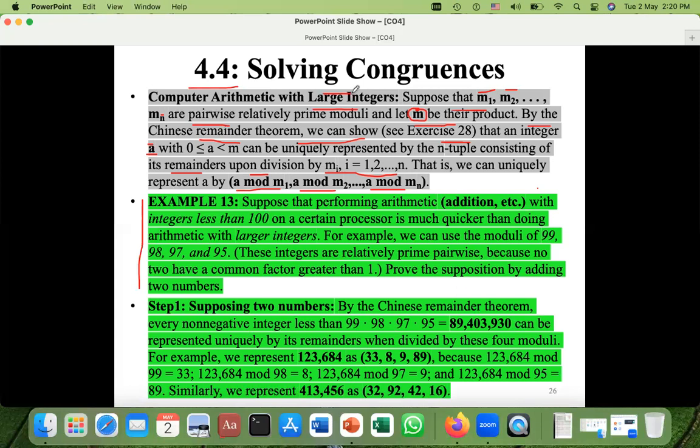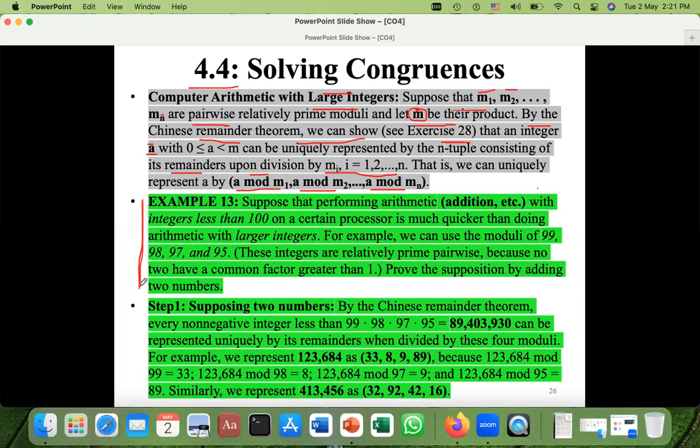Okay, so we will take some example, and here we will take the example of adding two numbers, and that addition is an arithmetic operation. Similarly, you can perform multiplication, division, subtraction and other arithmetic operations.